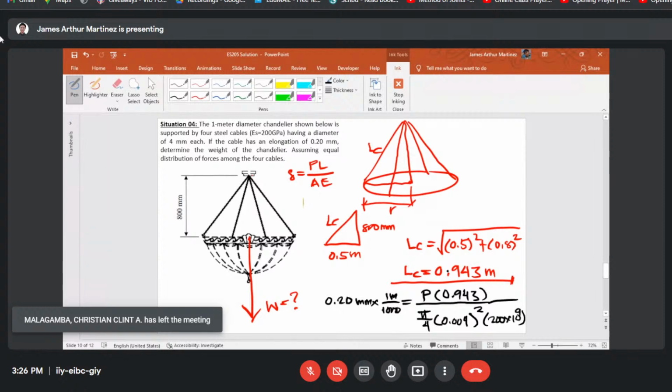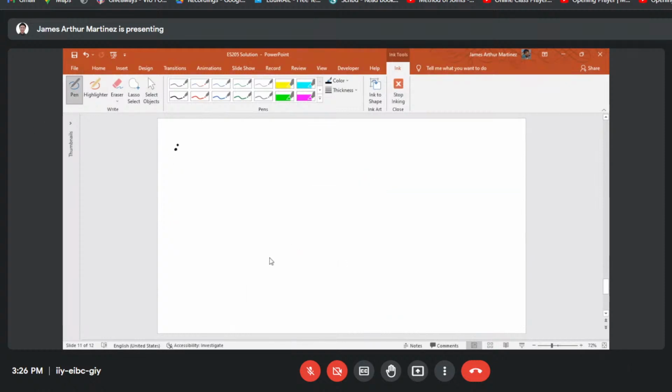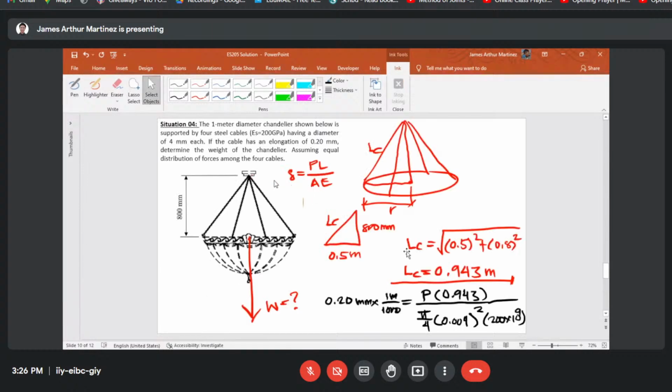So by this equation, only one unknown variable is left. We can now compute P. So therefore, how much is P? 0.20 times 1 over 1,000 is equal to 0.943 times P, the unknown, all over pi over 4 times 0.004 squared times 200 times 10 to the power of 9.